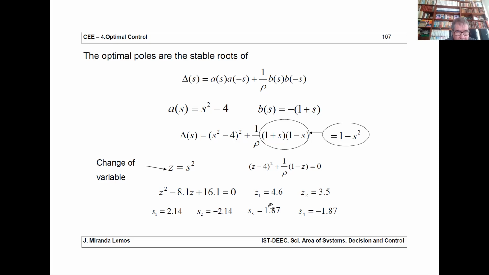So z1 equals 4.6 gives you 2.14 and minus 2.14. And the same, z2 equals 3.5, you get 1.87. If you square 1.87, you get more or less 3.5, and minus 1.87. Any question?